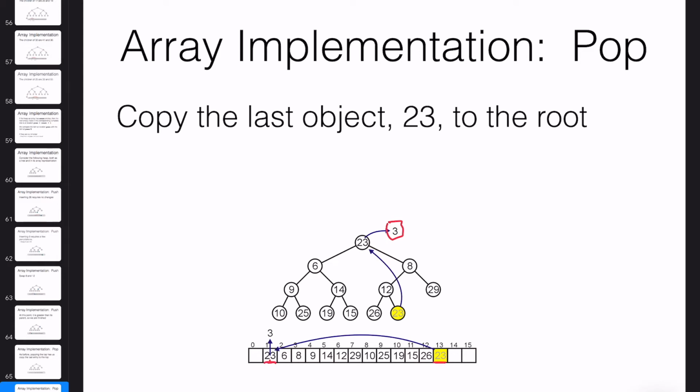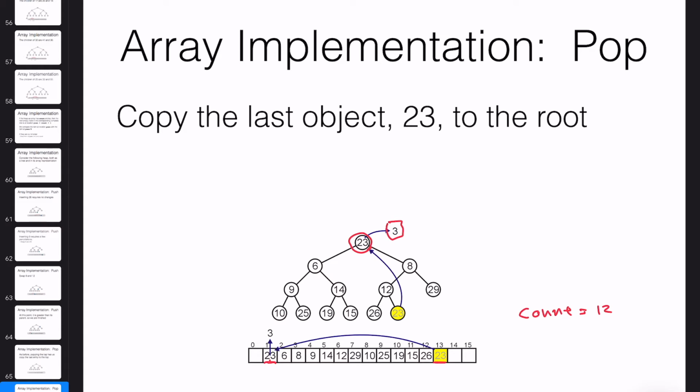So count now is 12. Then I have to percolate the value 23 down because this is probably a large value, since you copied it from some leaf node, right? I have to percolate it down to make sure that this is going to be a binary heap, a min heap.